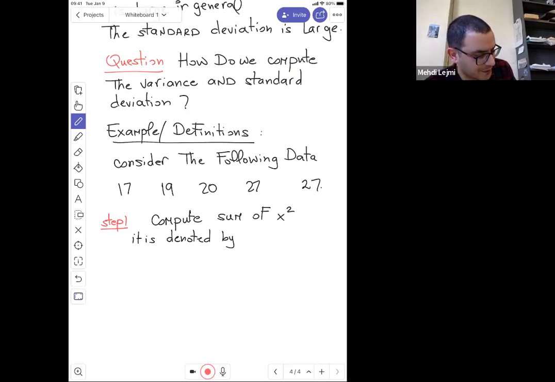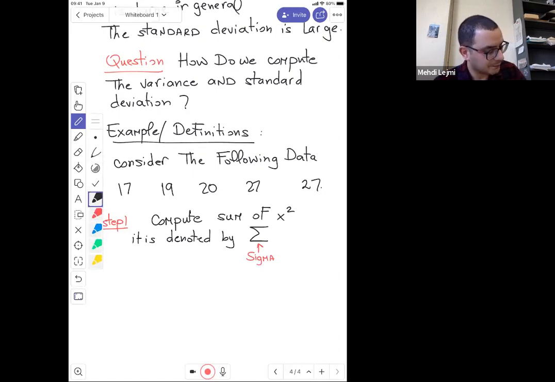This is a capital sigma, right? So sum of X squared. Now, what do I mean by X? X represents the data value. So we have the numbers 17, 19, 20, 27, 27, and X is just your data value.